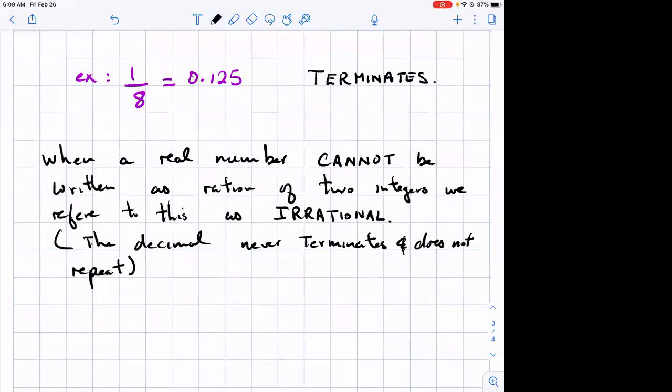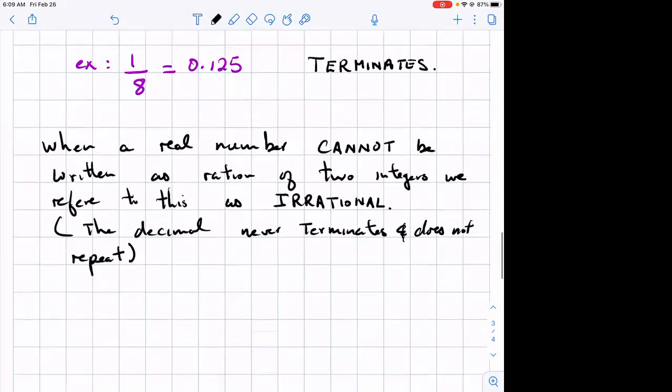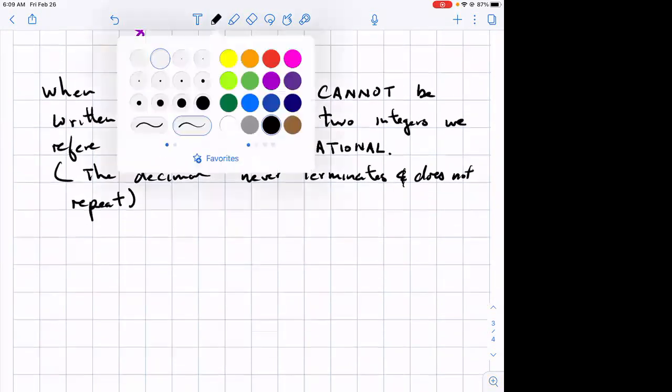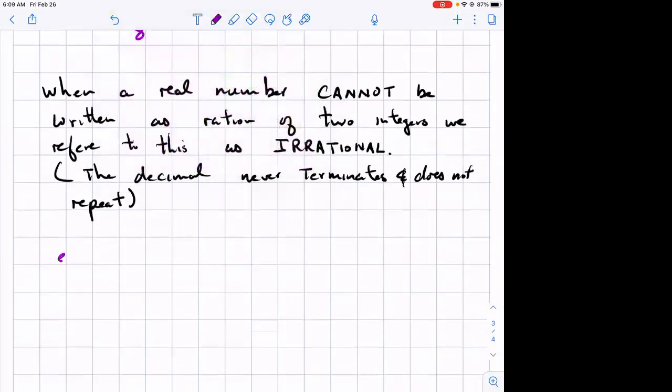So for example, we cannot have 0.6666 because the 6 repeats. An example of this would be the square root of 2. The square root of 2 is 1.4142135, and it goes on and on.